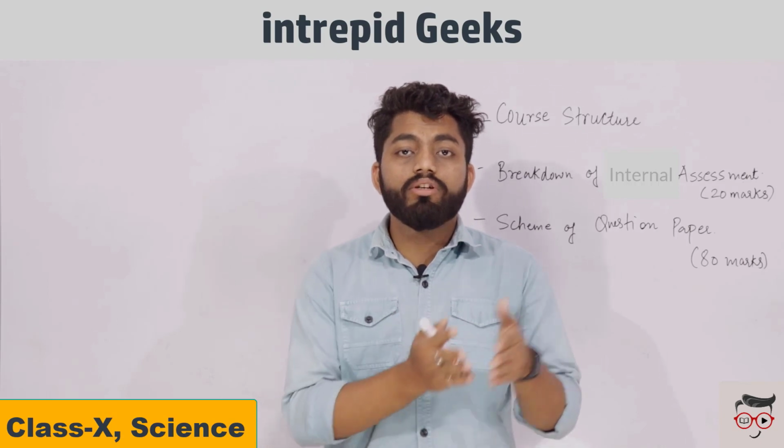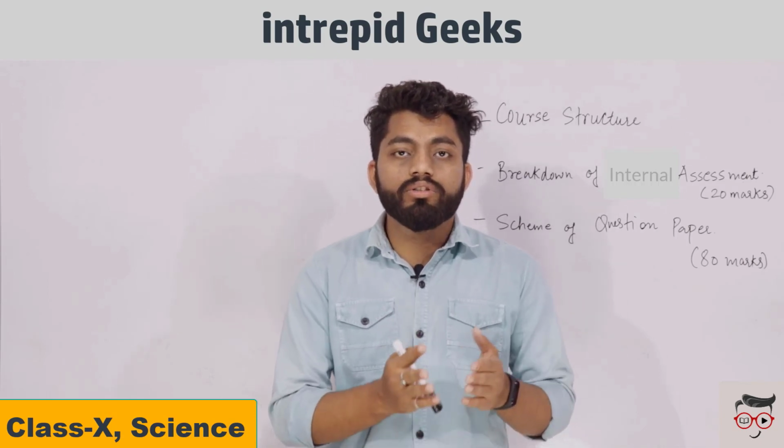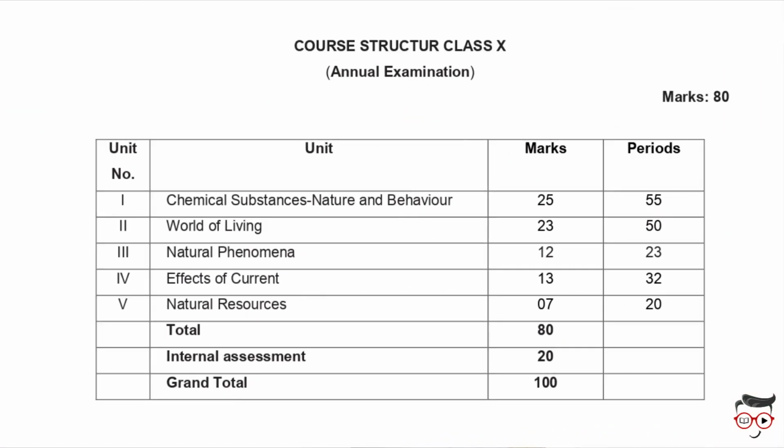So, discussing the first part, that is course structure. All the chapters, as you can see on your screen, are divided into 5 units. First unit includes chemical substances, nature and behavior, which is of 25 marks. Second unit includes world of living, which is for 23 marks.